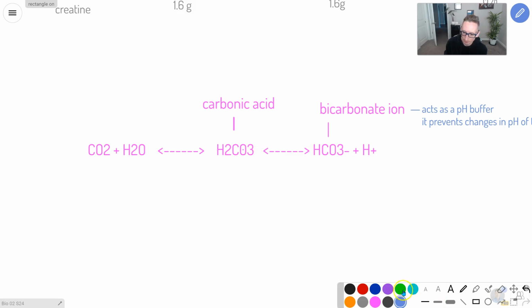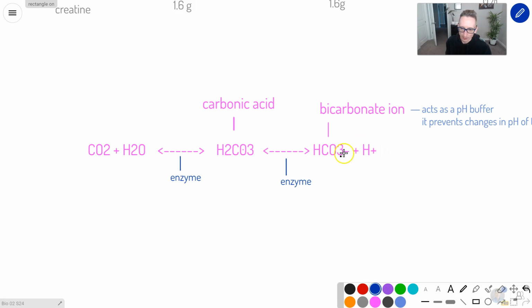There's enzymes that facilitate this. So this is controlled by an enzyme. And this is controlled by an enzyme. So they speed it up. Right? If you remember what an enzyme does, they speed it up. In either direction, actually. There's different enzymes.